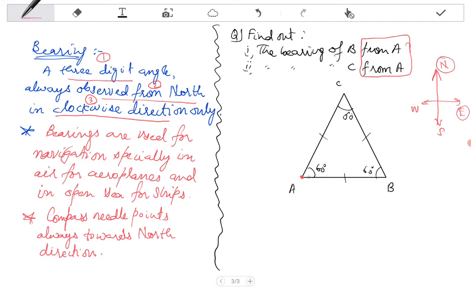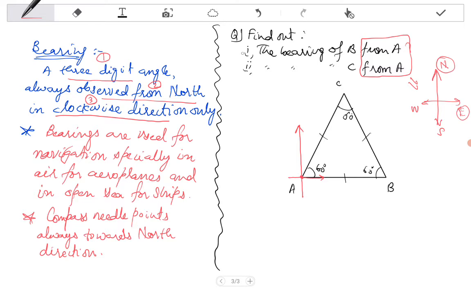So if I draw north over here, and obviously this other line is showing east and west, and this one is showing north and south. Just this cross is enough. This upward direction is showing north. So how can I get the answer of the bearing of C from A?